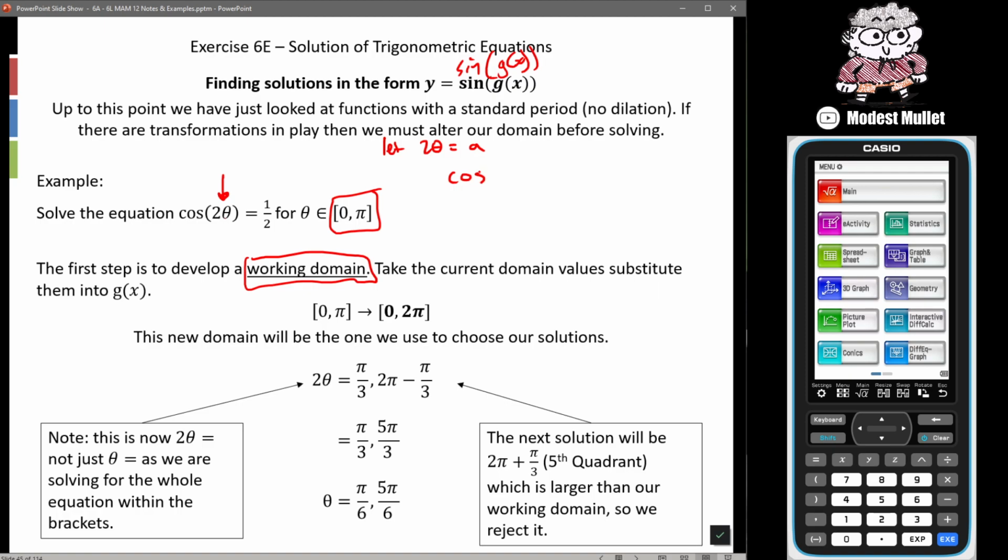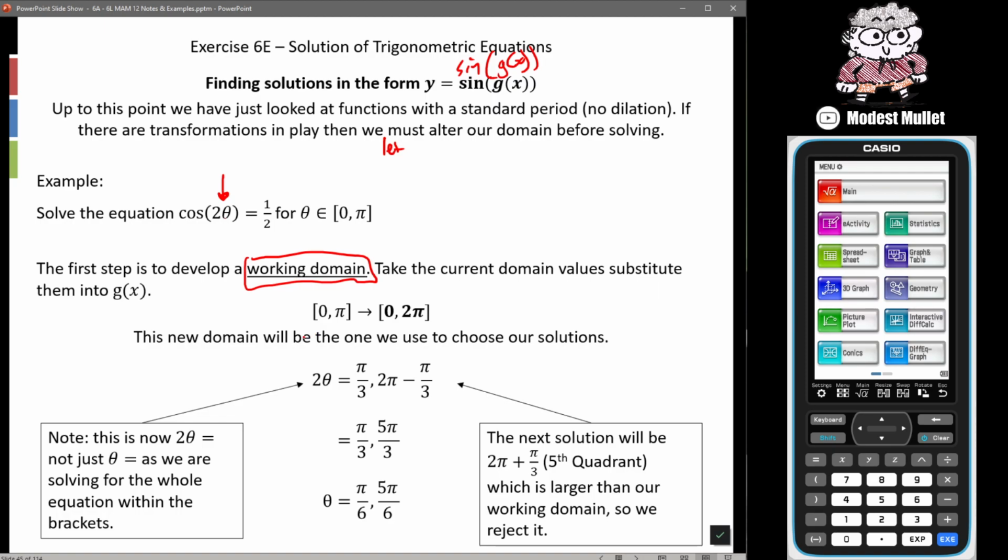So you can now write it as cos a equals half, and you solve for a, and then you convert it back to 2 theta, and that's what's happening technically in the background. But when we're doing this sort of substitution, while our original domain technically was for theta, we've changed it to an a, so our domain's changing. And we call that changed domain, what we're going to cross-check our allowed values against, the working domain.